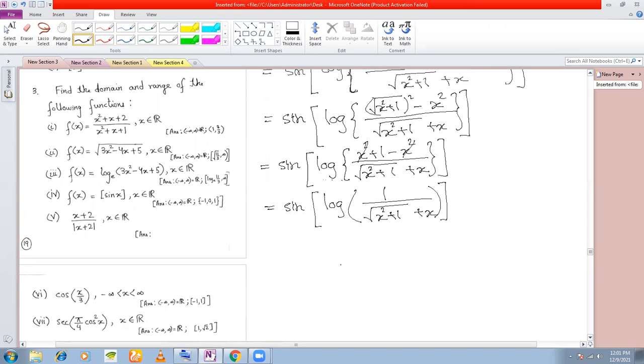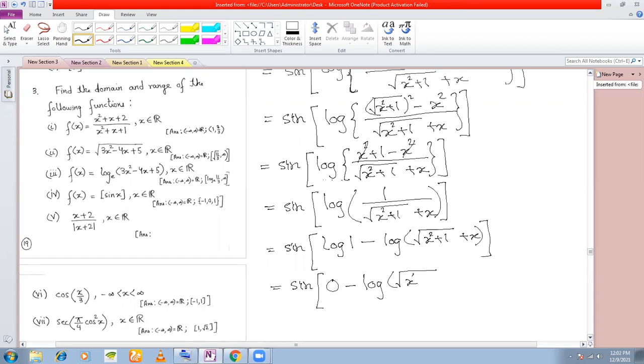Now, from the properties of log, what can we write? This is very important: log of a reciprocal. Remember this: log of m by n can be written as log m minus log n. So this can be written as sine of log 1, and log 1 is 0 in any base, so this is 0 minus log of root of x square plus 1 plus x.